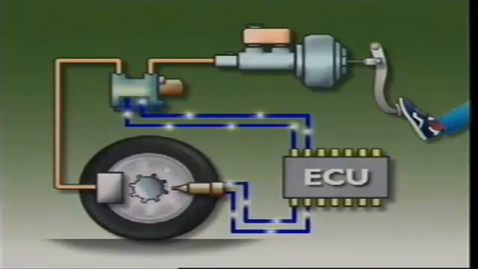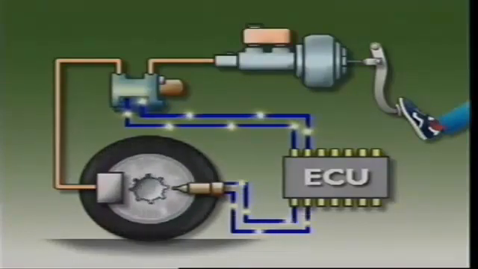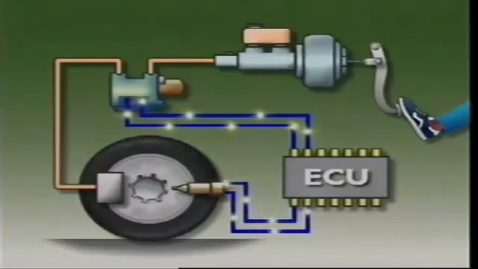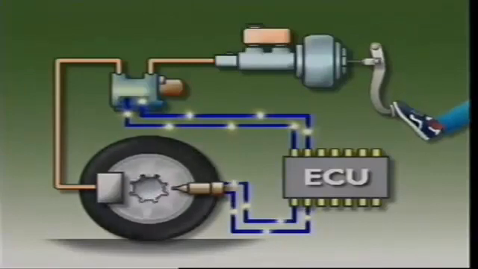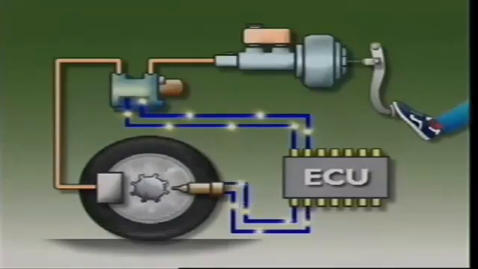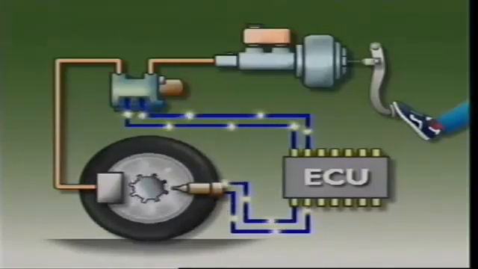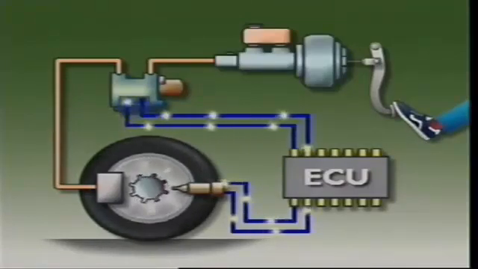As the wheel turns, a small voltage pulse is induced into the pickup and sent to the electronic control unit. When the brakes are applied, the wheel's speed of rotation changes. This sends a new signal to the ECU. If the control unit detects that a wheel might lock, it sends a signal to the hydraulic control unit.